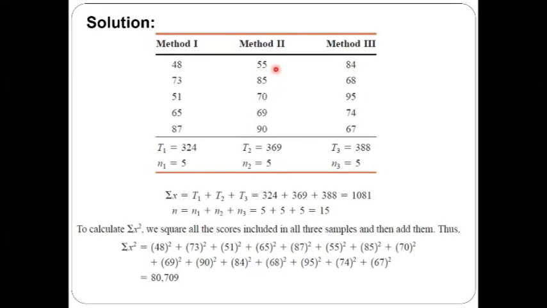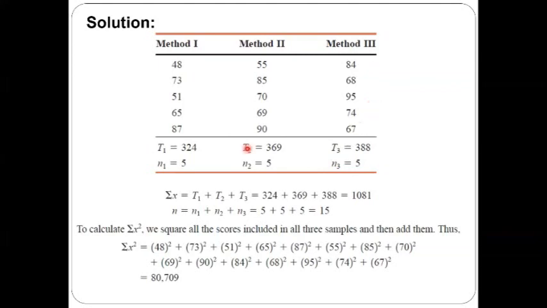And last, for method 3, for T sub 3 we add 84 plus 68 plus 95 plus 74 plus 67 to get 380. N sub 3 is the same as N sub 1 and N sub 2, which is also 5, since there are only 5 samples.